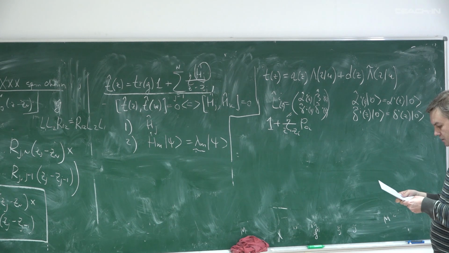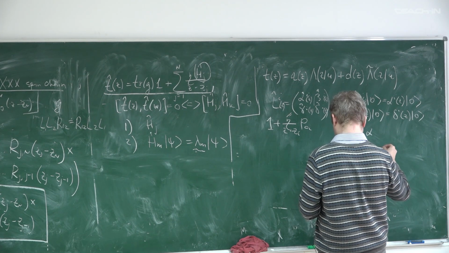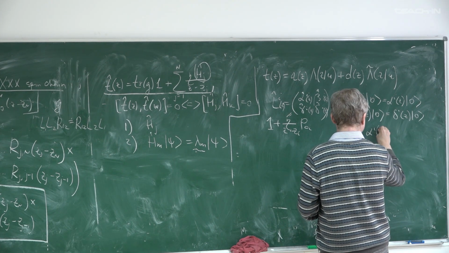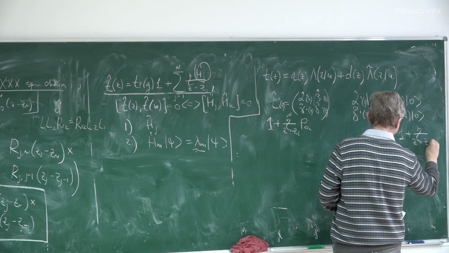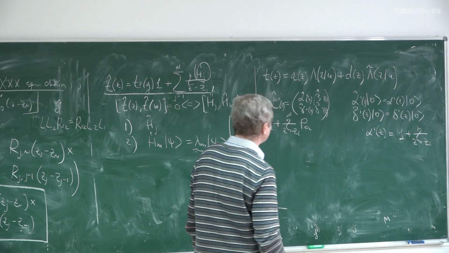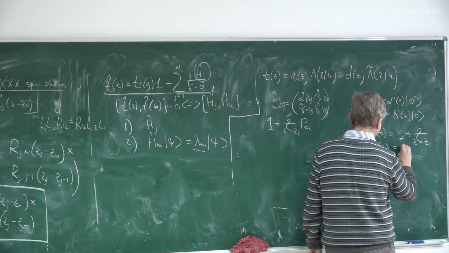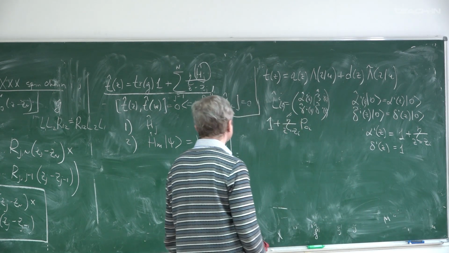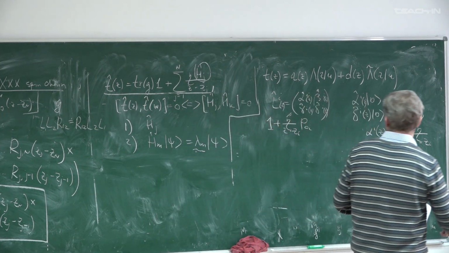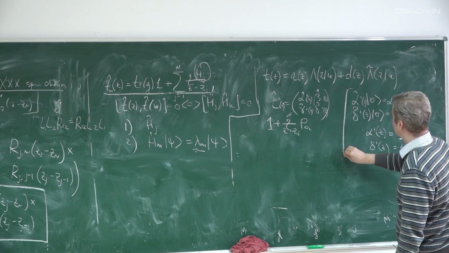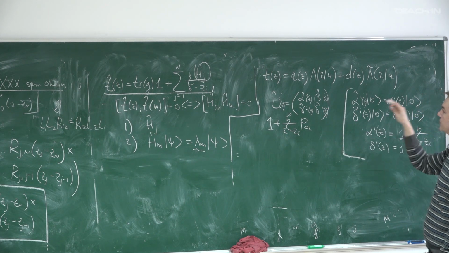Let us write it explicitly. This alpha is just, and delta is equal to 1. This was the definition of the action of matrix elements of Lax matrices on vacuum vectors.